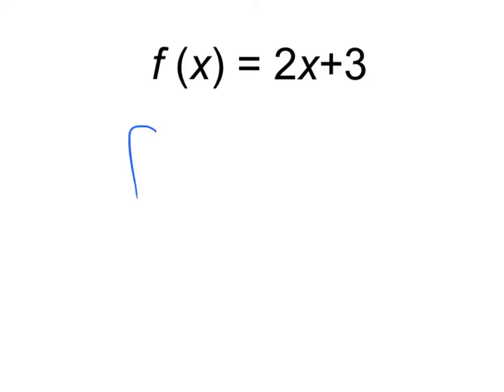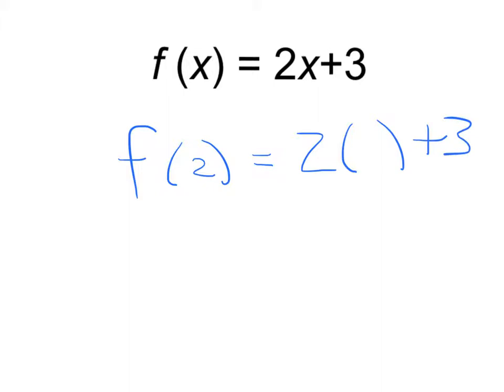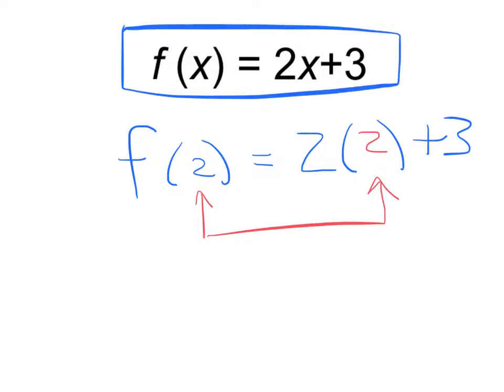So consider this, f of 2 is equal to 2 something plus 3. The way function notation works is I know that the number that's here is what gets plugged in for x. So in this particular case, the argument of the function is going to be 2. The thing that the function is operating on is 2. In the original function notation back here, the argument is considered x.